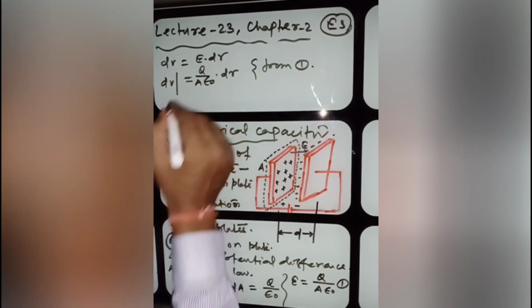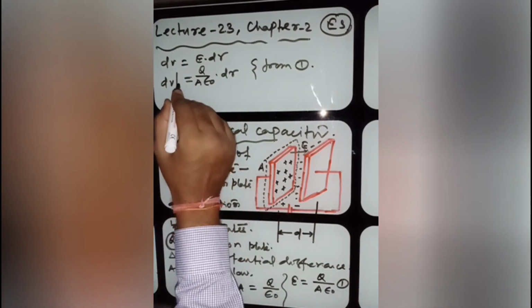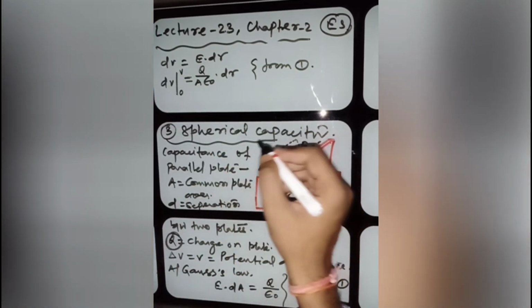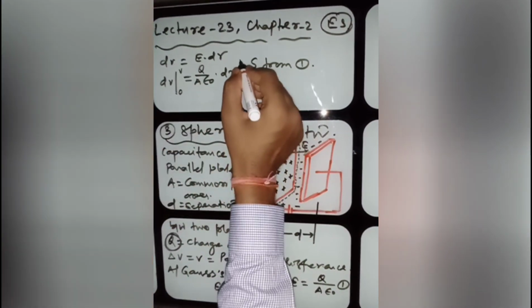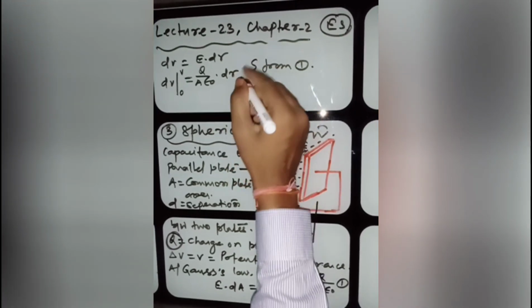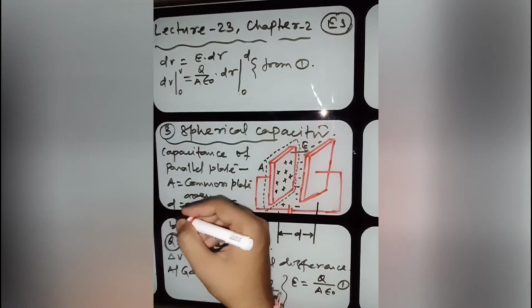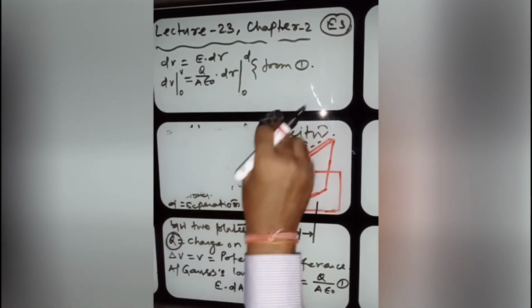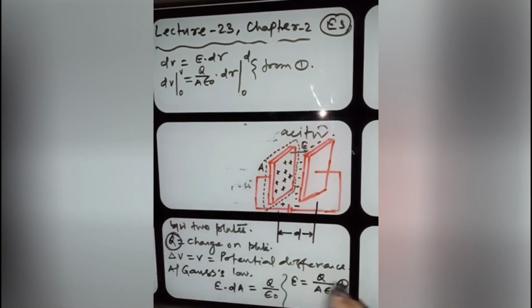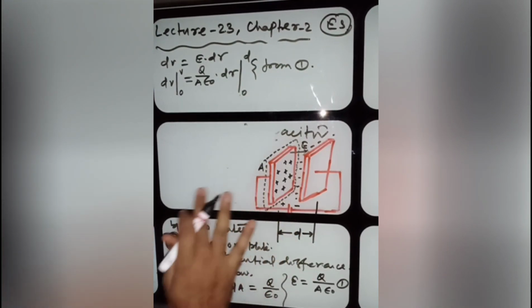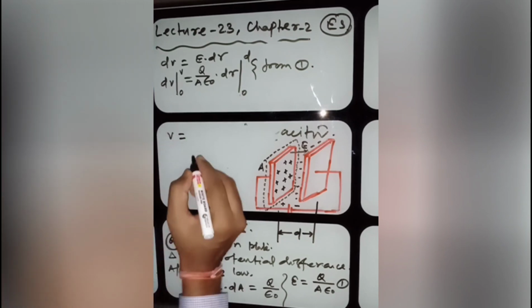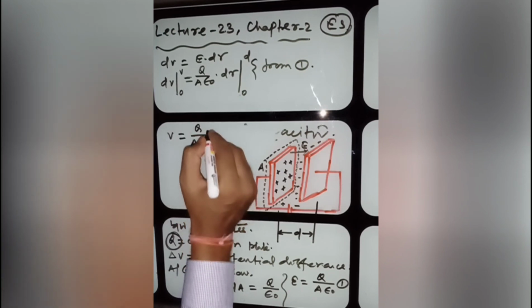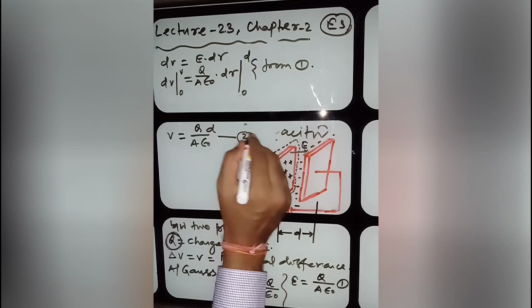Now I'm integrating. The potential will move from 0 to V, and the separation from 0 to D. Then V is equal to Q by A epsilon naught times D. This is equation 2.